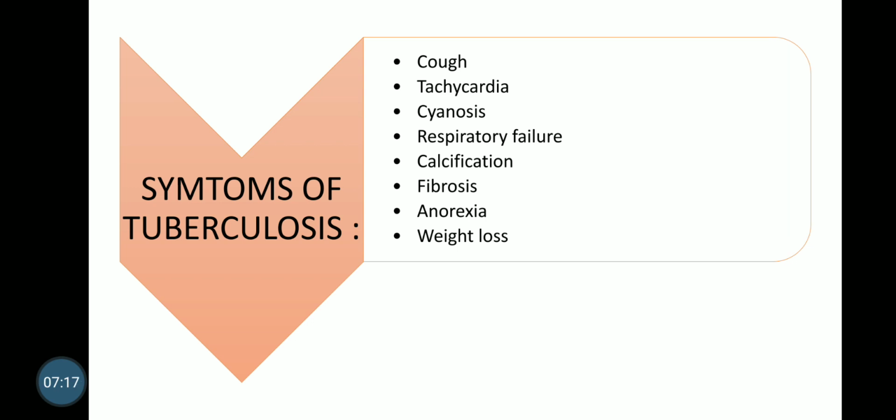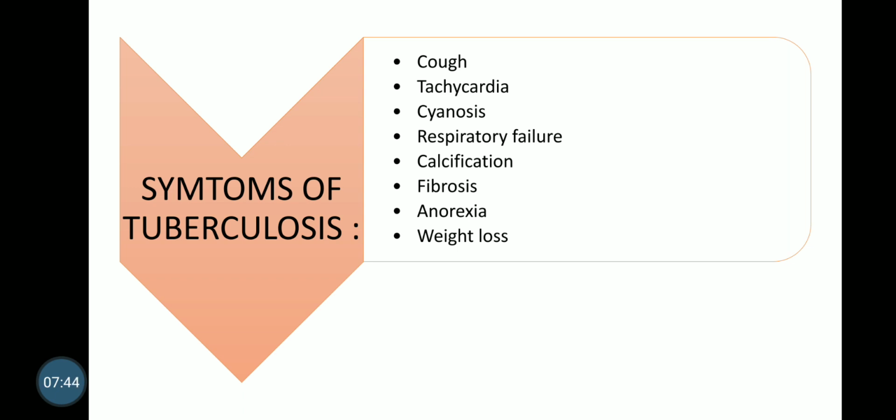In a person who has tuberculosis, the blood is not purified to a sufficient extent in the lungs, therefore dark bluish spots on the skin and mucous membrane develop, which is known as cyanosis. Respiratory failure.